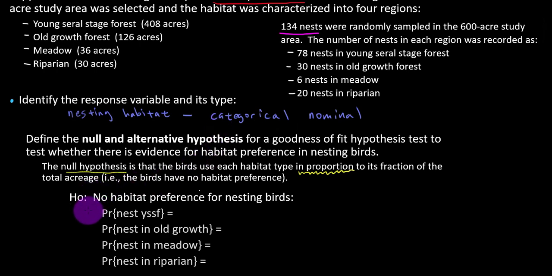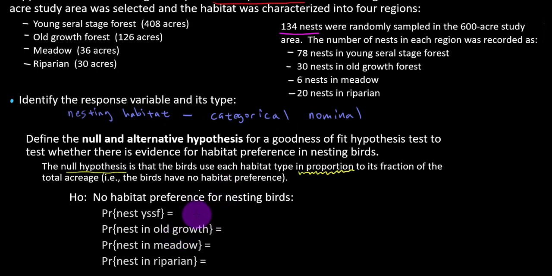The way that the null hypothesis is represented for a chi-square test, well, I like to put a brief sentence about what this is stating, but we need to be quite specific. We need to indicate the precise probability of observing each habitat type being used by a nesting bird.